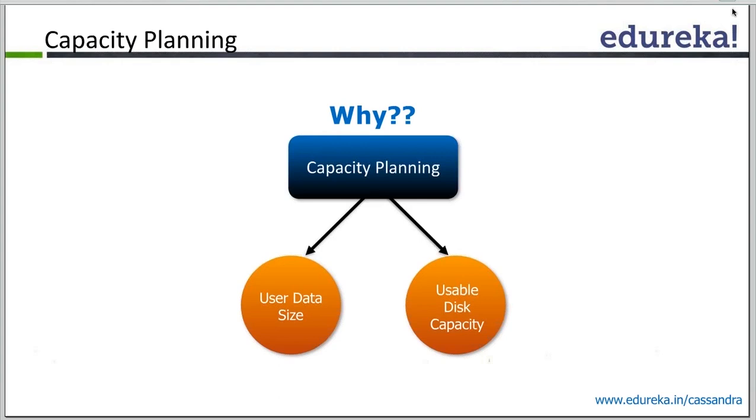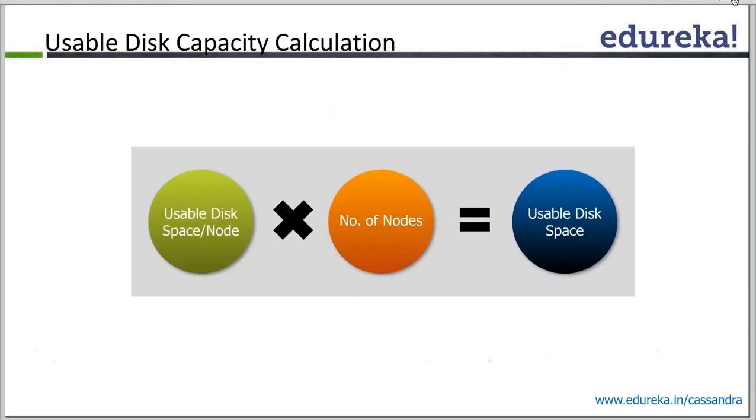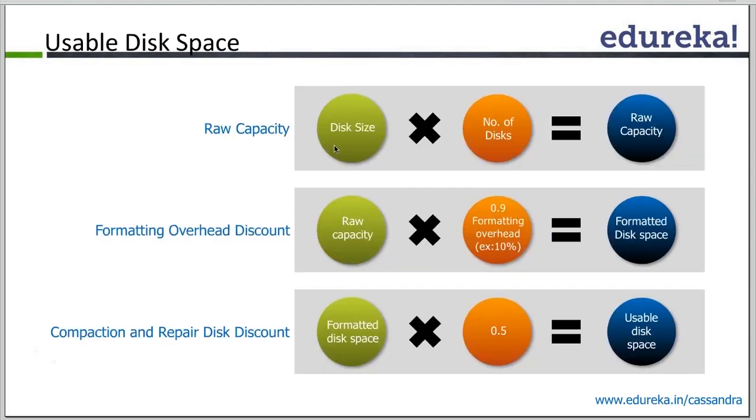So let's understand how you calculate that. Usable disk space per node times the number of nodes gives you the total usable disk space in your cluster. Assume you have something called raw capacity: say you picked 1 TB disks, times the number of disks. For example, with 5 disks, your raw capacity is about 5 TB.